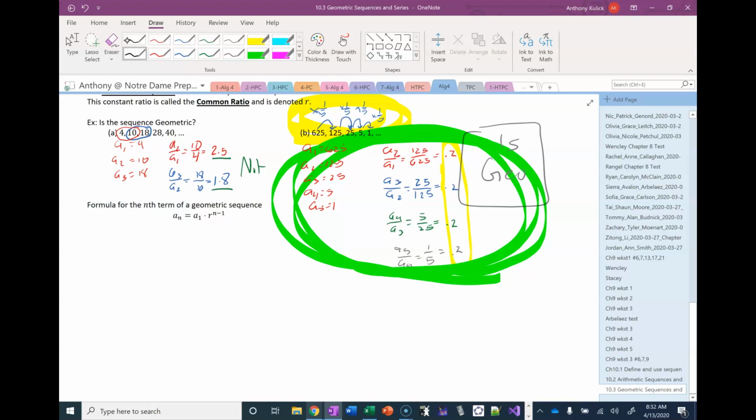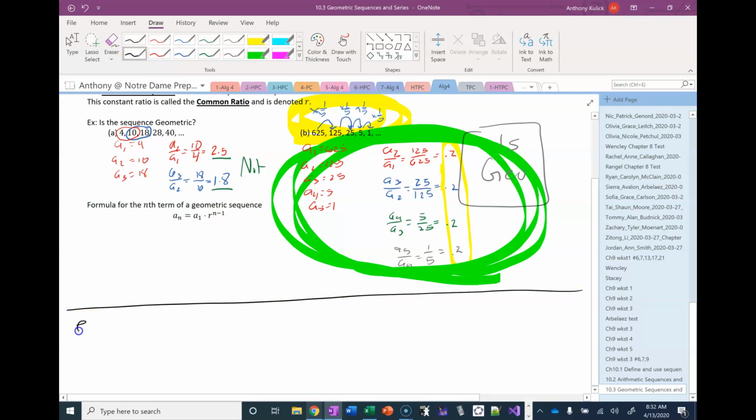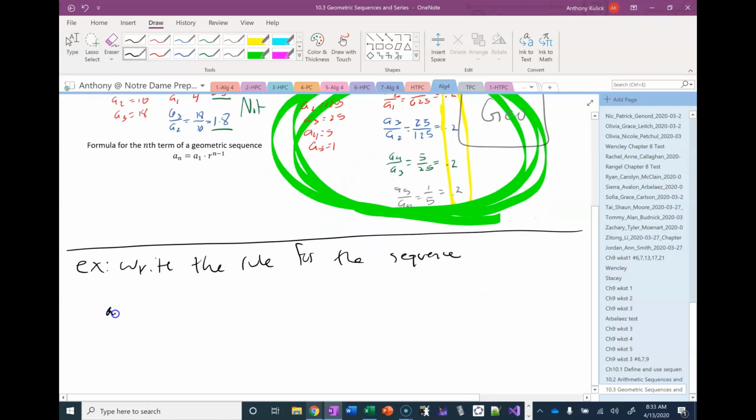So let's look at a couple of examples of working with this. If we want to write the rule for a sequence, let's say we have the sequence 4, 20, 100, 500, etc. The first thing we would want to do is determine what type of sequence this is.